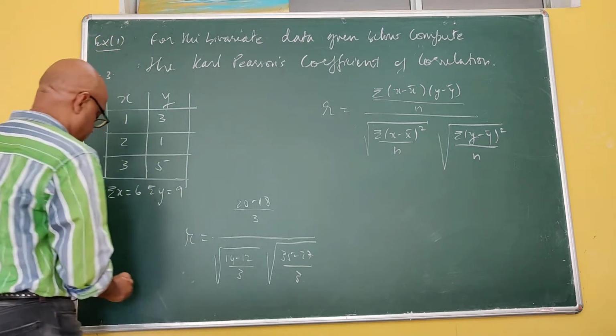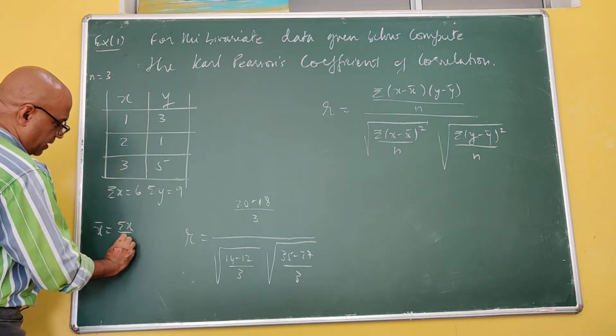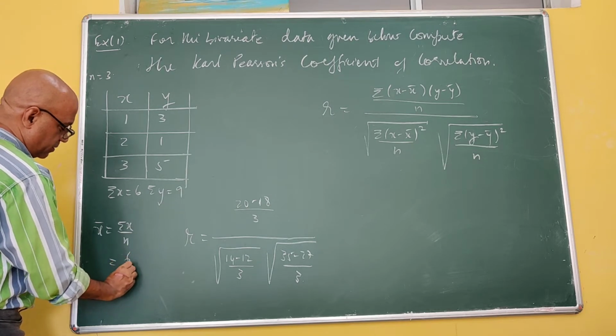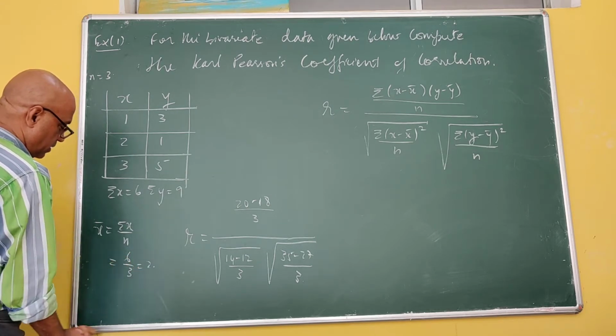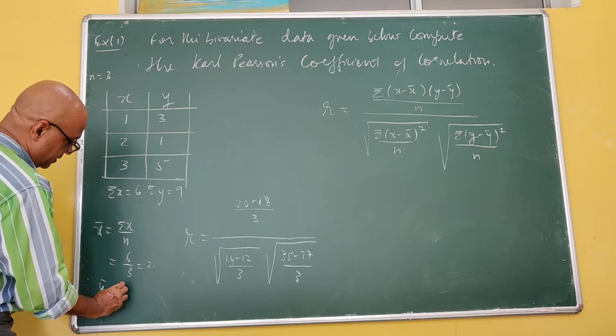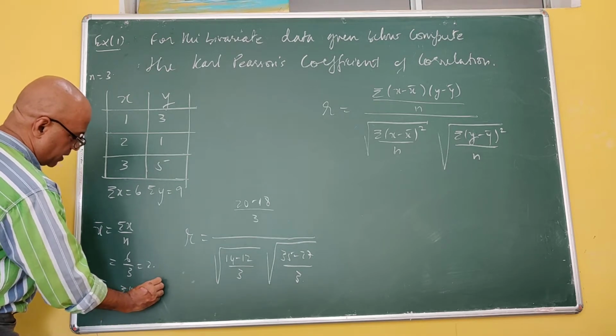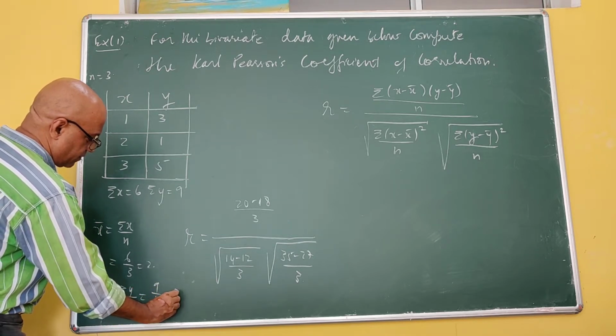What is x bar? X bar is summation x divided by n, which is 6 divided by 3, which is 2. What is y bar? Y bar will be summation y divided by n, which is 9 divided by 3, which is 3.